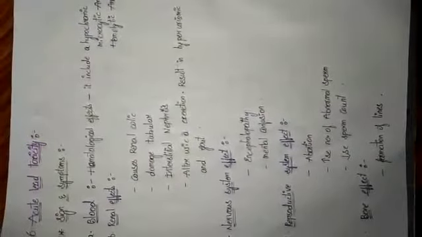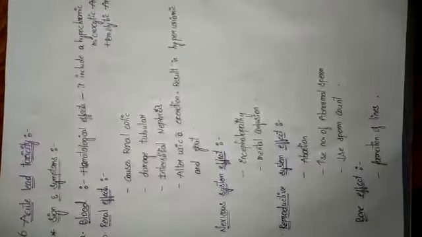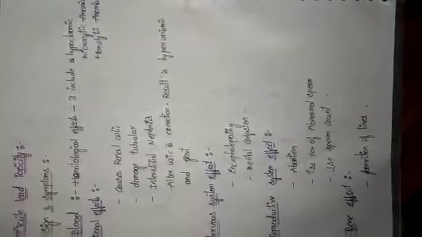Coming to the next one, that is acute lead toxicity, signs and symptoms. In the blood, it causes hematological effects. It includes hypochromic microcytic anemia, which means the body has a low level of RBC, and hemolytic anemia, which means the body's own system causes the reduction of RBC, called hemolysis.